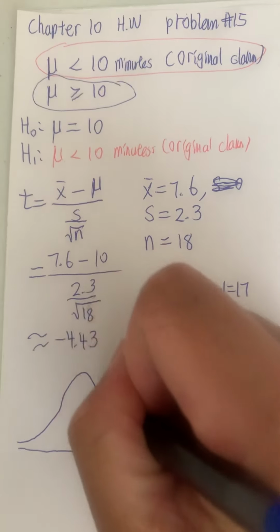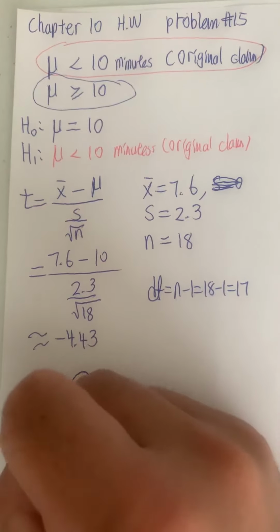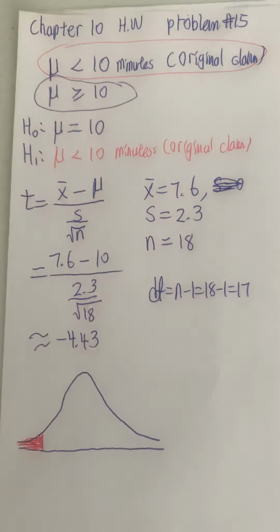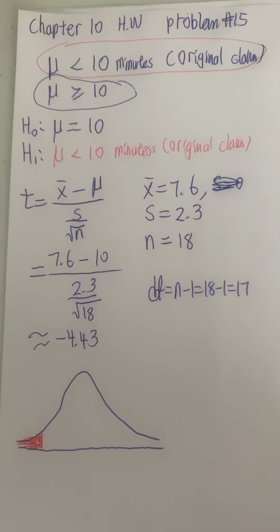The left tail is right here, similar to the standard normal distribution. And then what's my alpha?